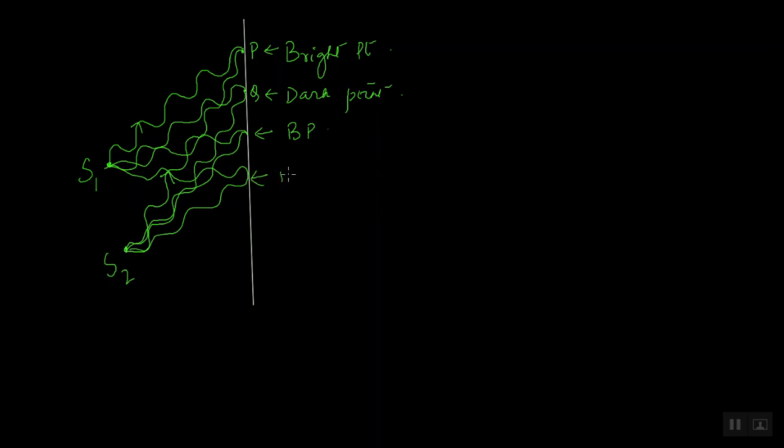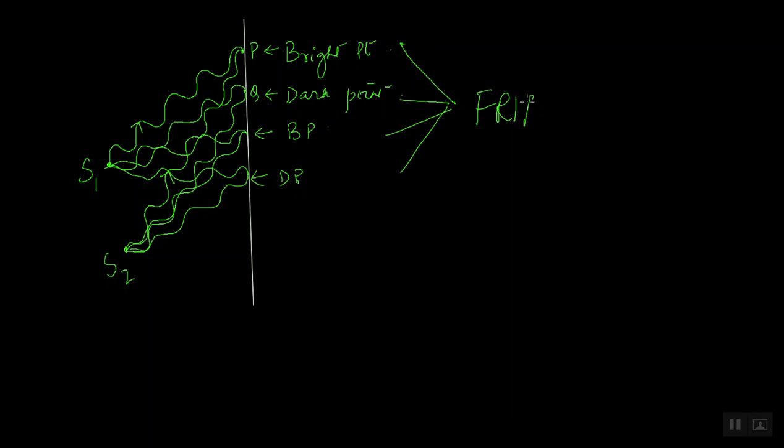This will be a dark point. So on the screen you are getting what? You are getting alternate bright, dark points. Yes or no? So these bright and dark points, they are called what? They are called fringes.